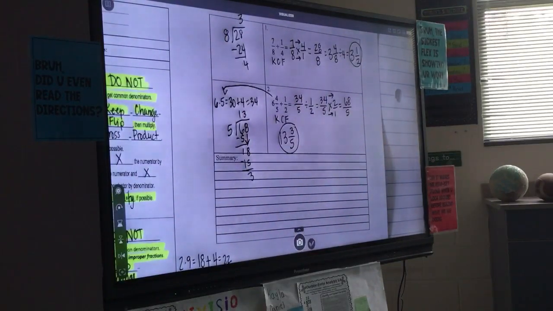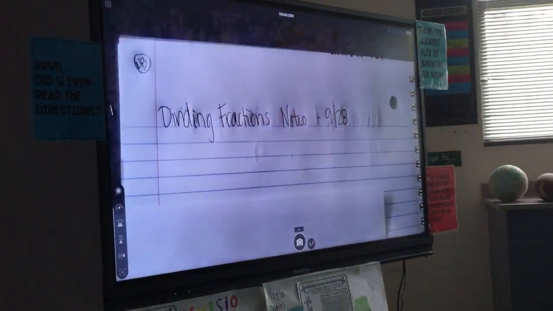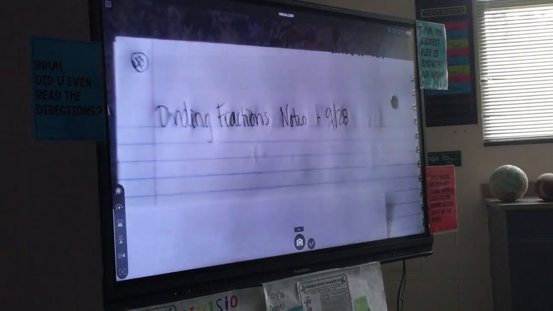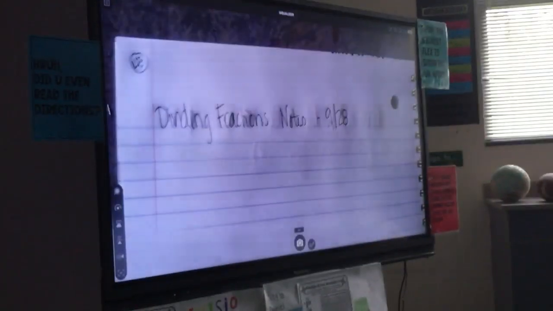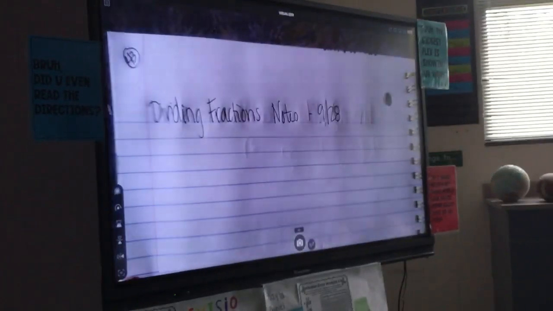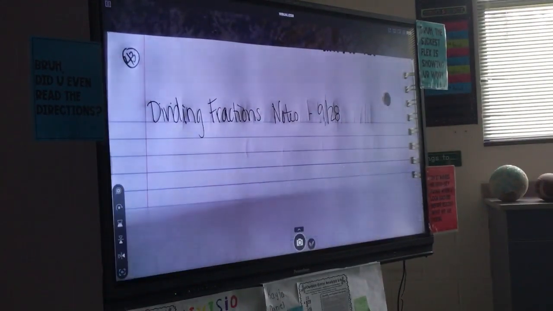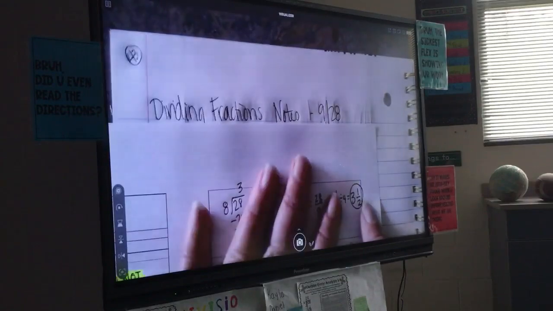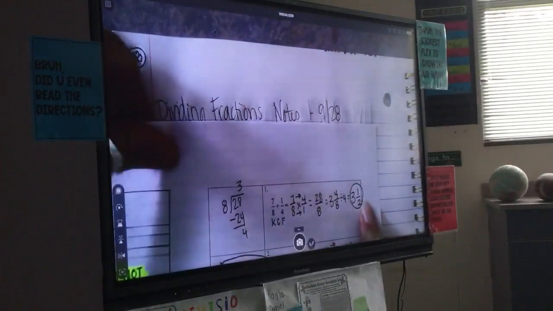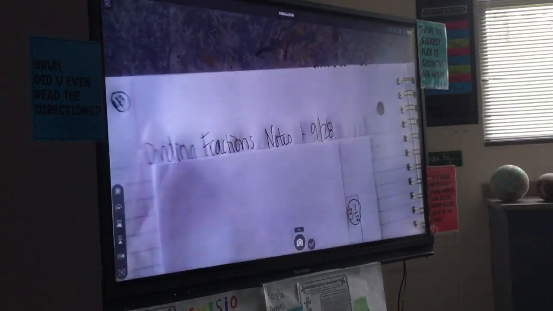All right, go ahead, get this glued into your notebook on your math or dividing fractions notes page. Do not talk. All right, when you are done with that, you need to slide over to the next blank right side.